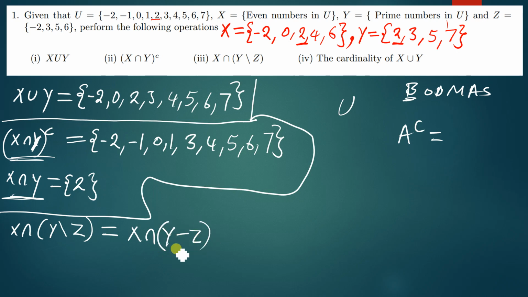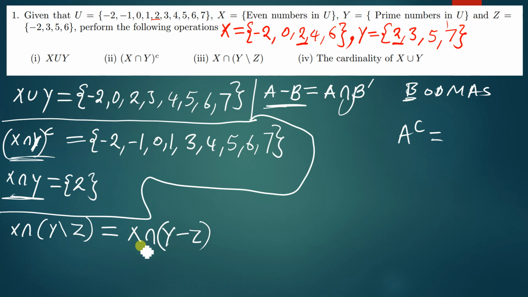Now if you have A minus B in sets, you can write this as A intersection B complement. That's what it means. So y minus z is simply y intersection z complement.